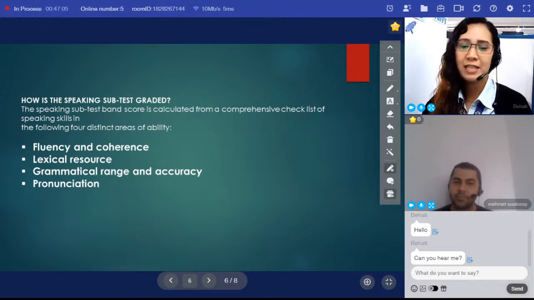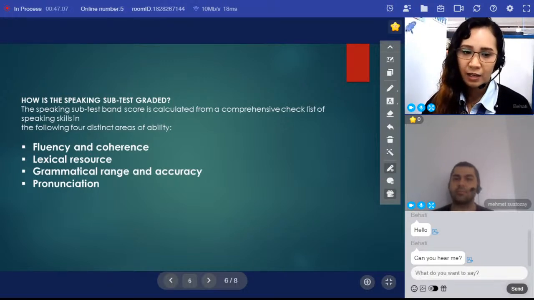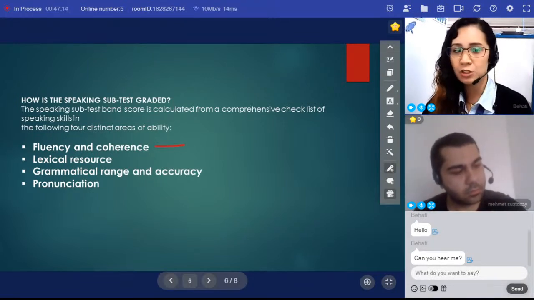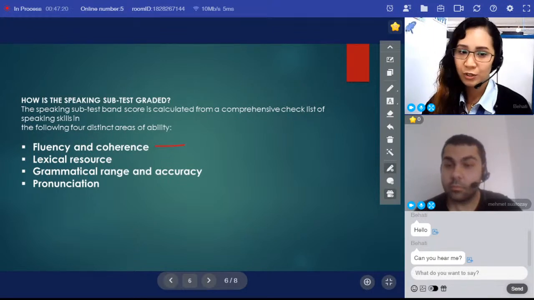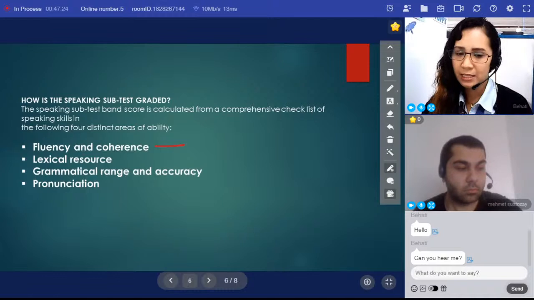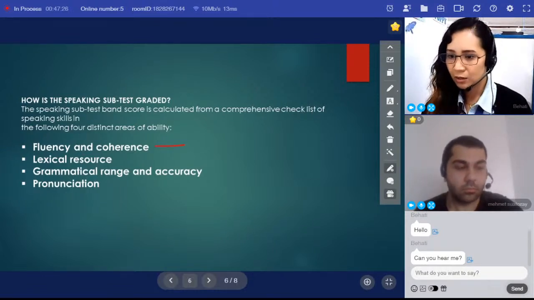So for your fluency and coherence, there is some slow speech in between, especially in part one when we were talking about toys. Slow speech would mean it's not stating sentences naturally, like what I'm doing now.